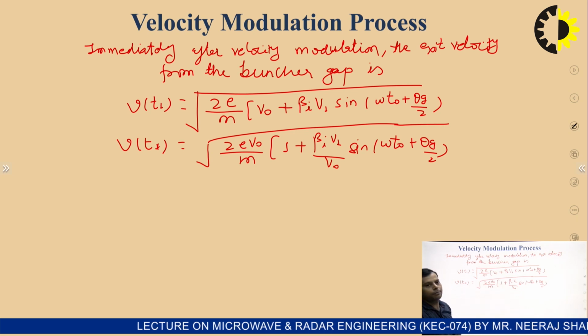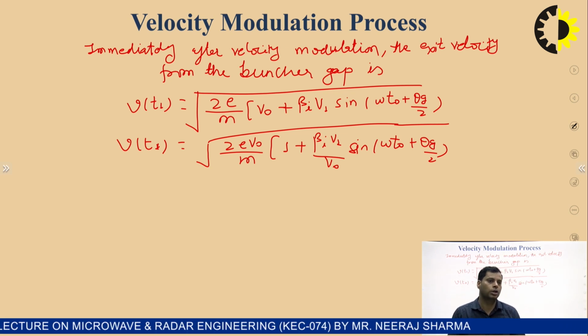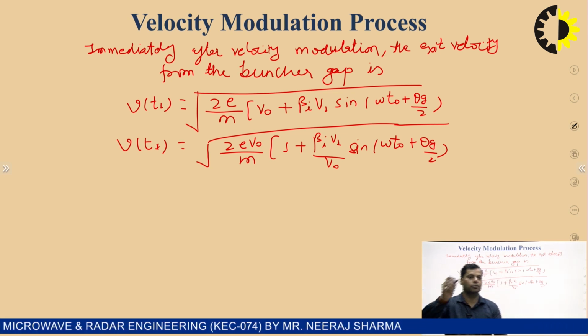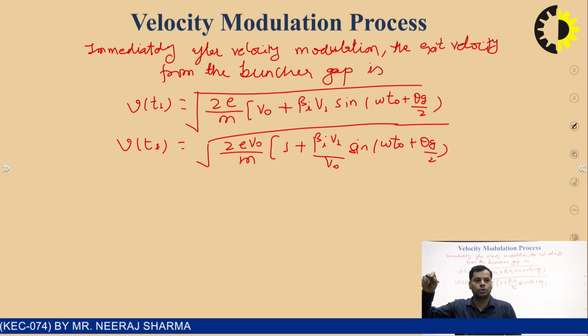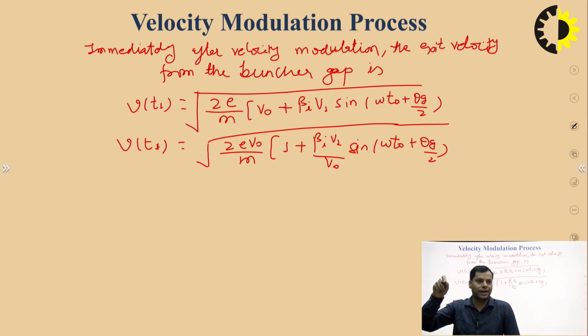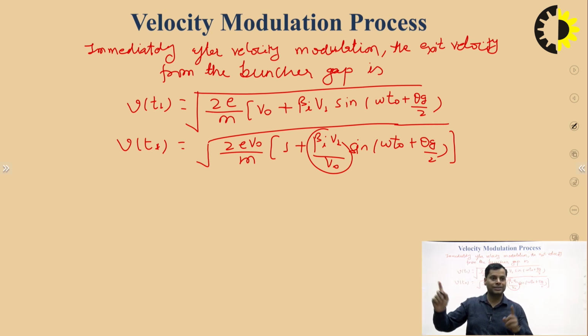When we compare this with the equation of amplitude modulation, we write the modulation equation as AC into 1 plus AM cos omega mt into cos omega ct, that is AC into 1 plus beta cos omega mt into cos omega ct. So we find that in this part, beta is the modulation index or the modulation depth for the signal.